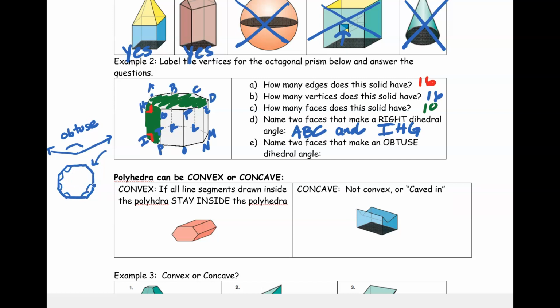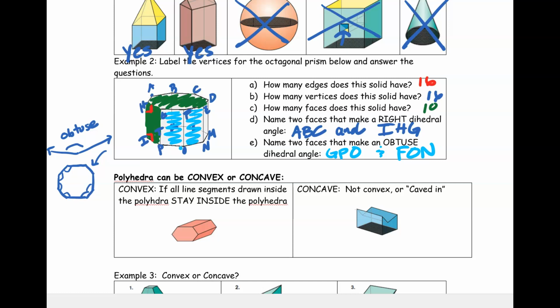So one possibility might be, and I'm going to get a different color, you could just name any 2 sides. So you could name this side right here and this side right there. Those meet at a dihedral angle. So it looks like G, P, O would be this first one on the left, and then it looks like F, O, N. That would be one example, but again, there are a lot of different possibilities.